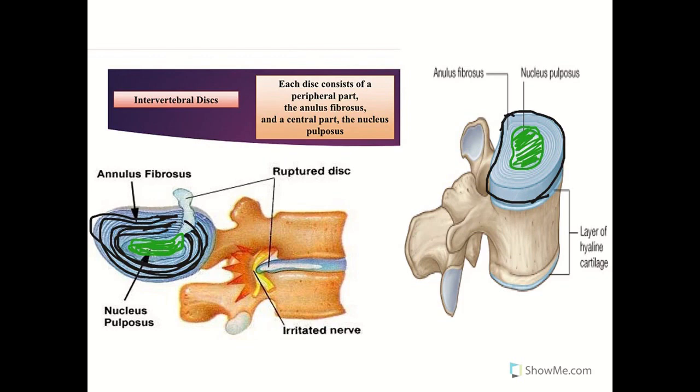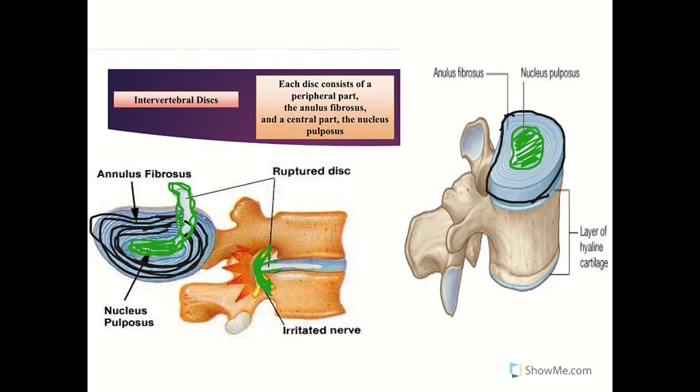Sometimes you have a compression or a congenital anomaly in this intervertebral disc, leading to something called rupture of this disc, which usually happens in the posterolateral direction, and the inside material, which is the nucleus pulposus, comes in the posterior way to compress the spinal nerve which emerges from the intervertebral foramina.